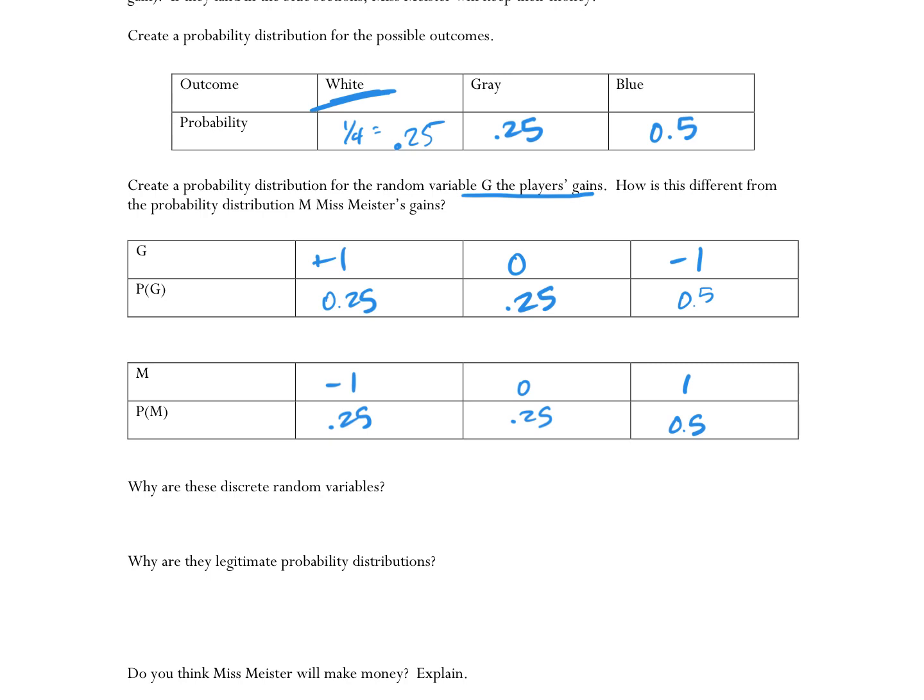So, these are discrete random variables. Random being that it's a chance process. Why are these discrete? It's an exact number. On any given turn, you're either going to get -1, 0, or $1.